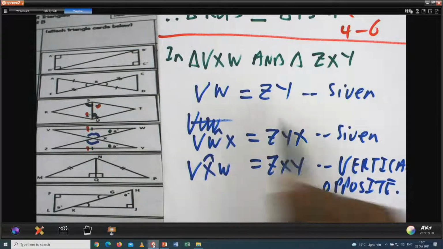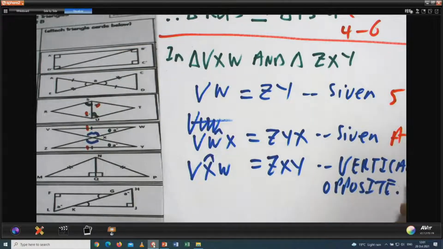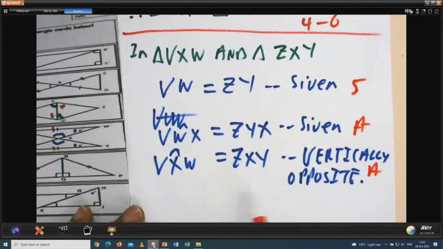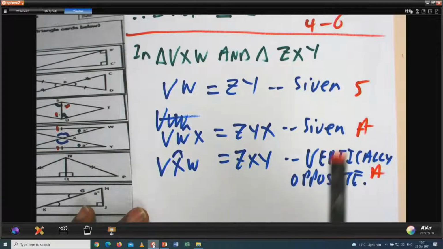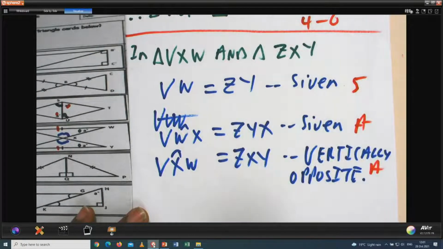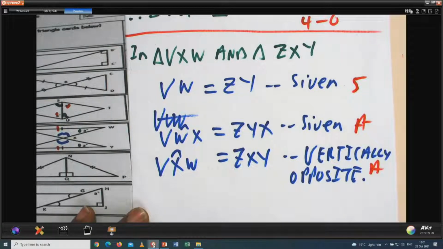Here it's a side, here it's an angle, here it's an angle. So sometimes you'll find yourself starting with this angle and that, then we can say AAS. Or if you started with a side like this, you can say side, angle, side.